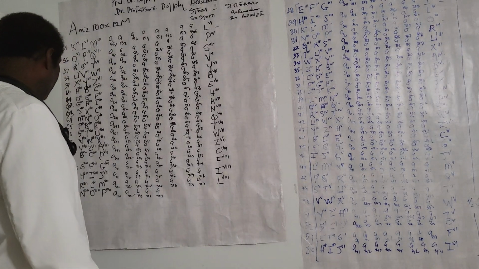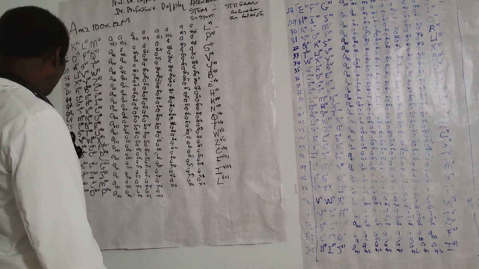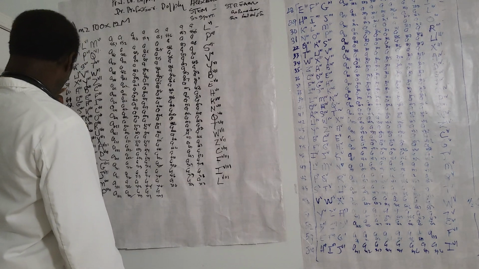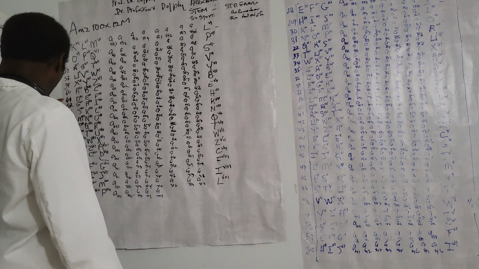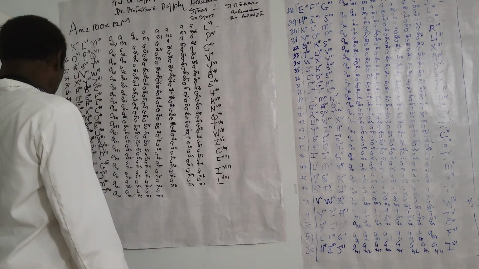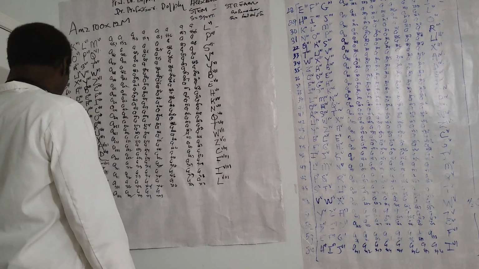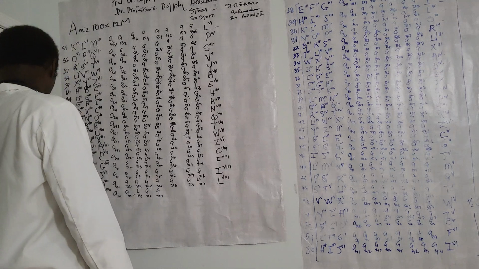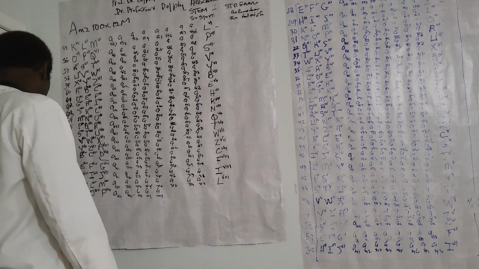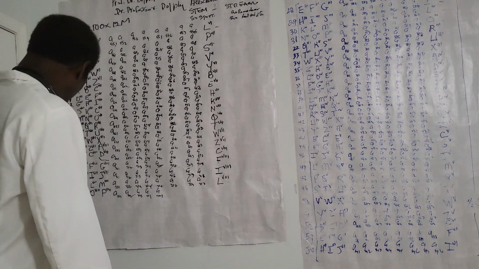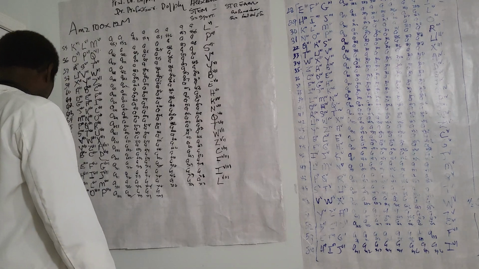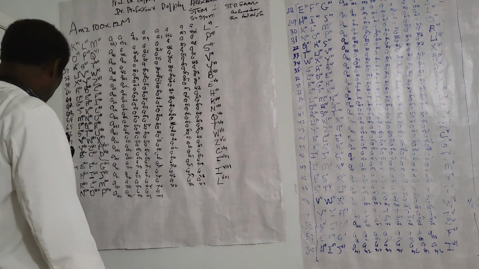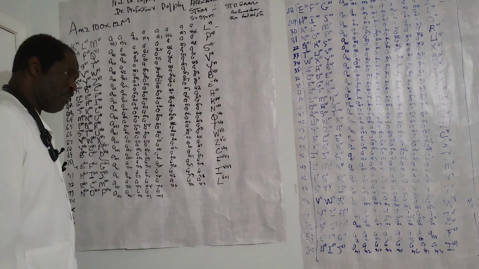Right in this column here, we would have the atomic number of 10, and we could say 55 cesium, 56 barium, 57 lanthanum, 58 cerium, 59 praseodymium, 60 neodymium, 61 promethium, 62 samarium, 63 europium, 64 gadolinium, 65 terbium, 66 dysprosium, 67 holmium, 68 erbium, 69 thulium, 70 ytterbium, 71 lutetium, 72 hafnium, 73 tantalum, 74 tungsten, 75 rhenium, 76 osmium.